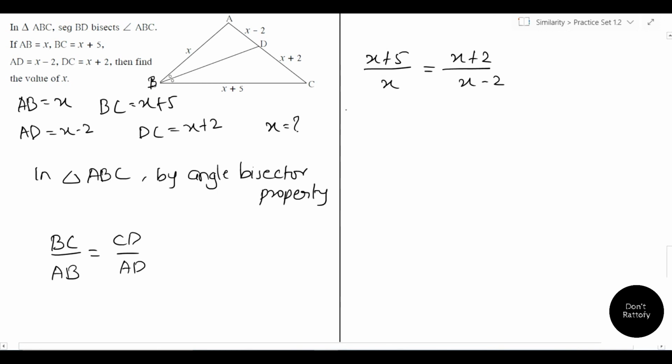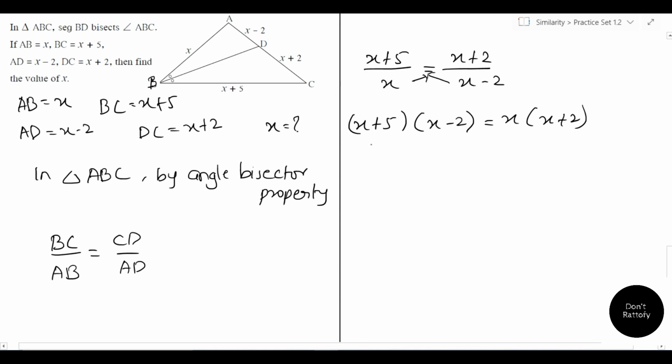I will just cross multiply, so it will be x plus 5 multiplied by x minus 2 is equal to x multiplied by x plus 2. Basically, what I did was I took this x here and this x minus 2 here.